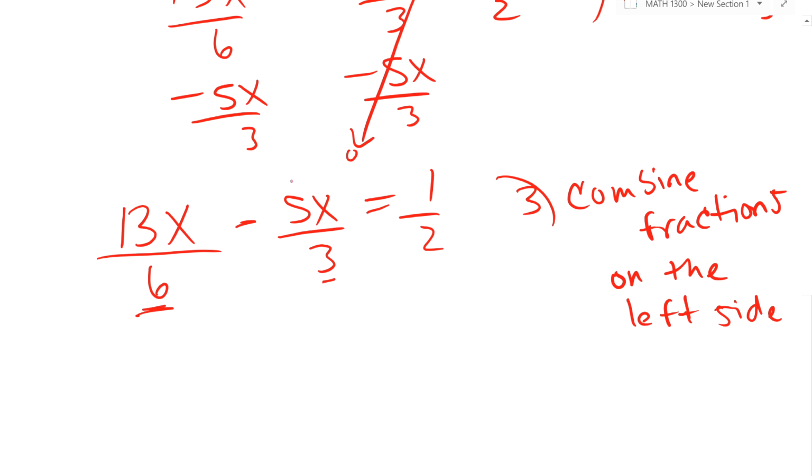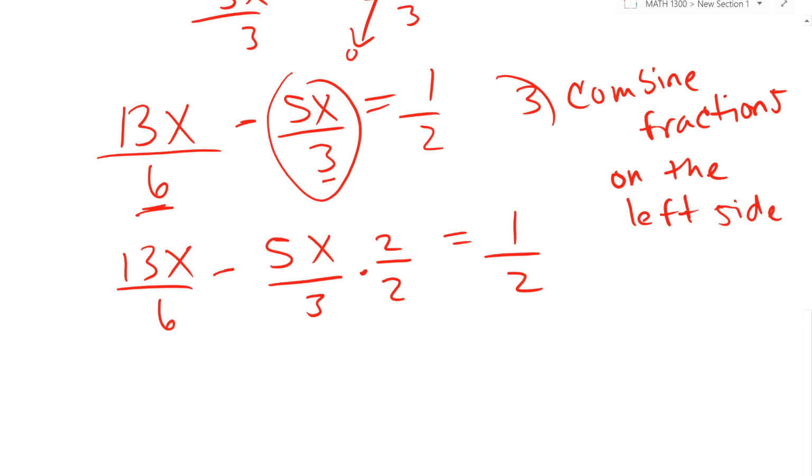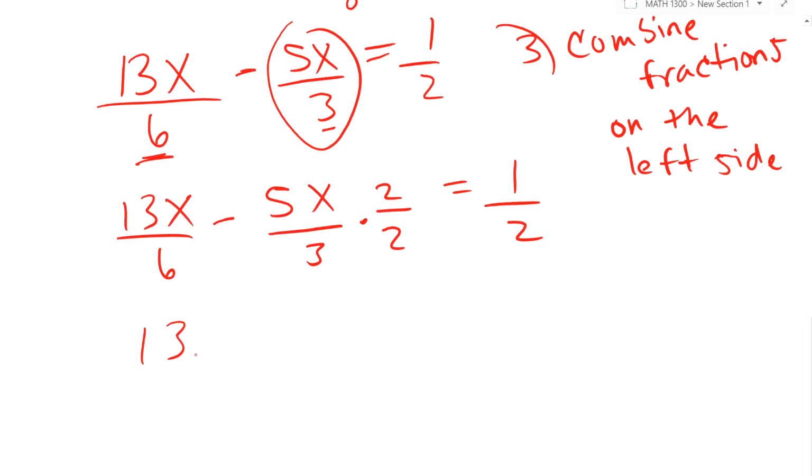Because all we need to do is multiply this fraction times 2. So we're left with 13x over 6 minus 5x over 3. And you have to multiply 2 on the top and the bottom. And so what do we end up with here? We end up with 13x over 6 minus 10x over 6 equals 1/2.